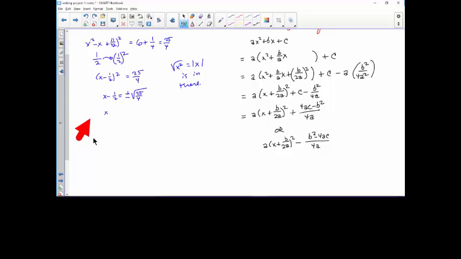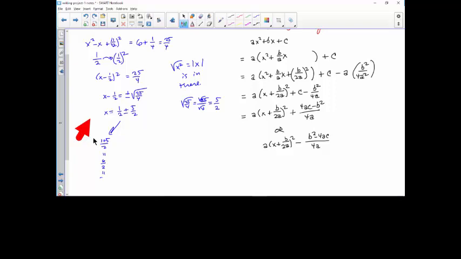Add a half to both sides. And I'm telling you, it's very common. And let me see, the square root of 25 over 4, that's the square root of 25 over the square root of 4. Square root of 25 is 5, and the square root of 4 is 2. So that's plus or minus 5 halves. 1 plus 5 all divided by 2 equals 6 over 2.